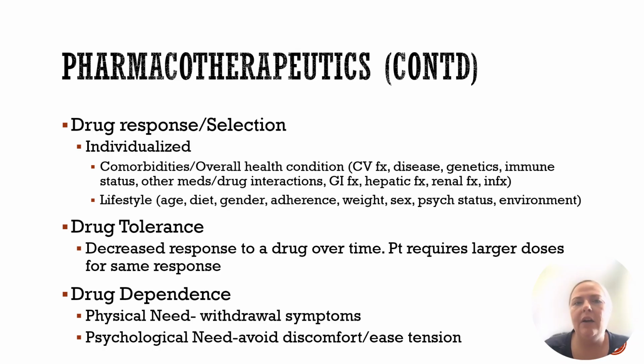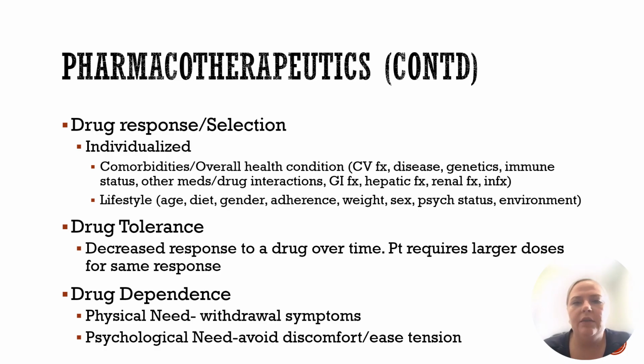What is their lifestyle? How old are they? What is their weight? What is their diet like? What is their gender? Are they actually taking the medication, and do they have the potential and intent to adhere to the prescription? What is their psychological status? What kind of environmental factors could affect the response to these drugs?